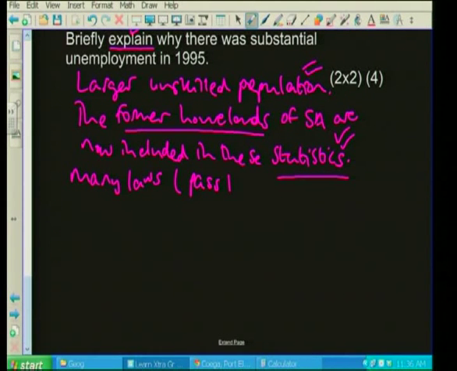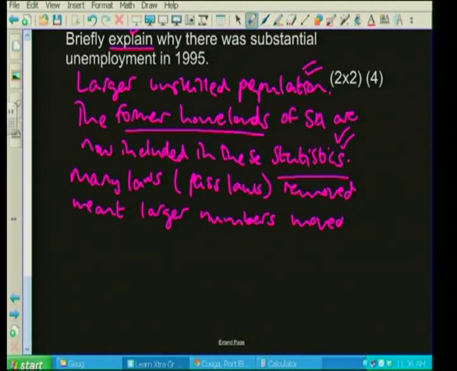You can also talk about the fact that many laws, such as the pass laws, for example, were abolished or removed. And the abolishment of the pass laws meant that larger numbers of people were now coming into urban areas.